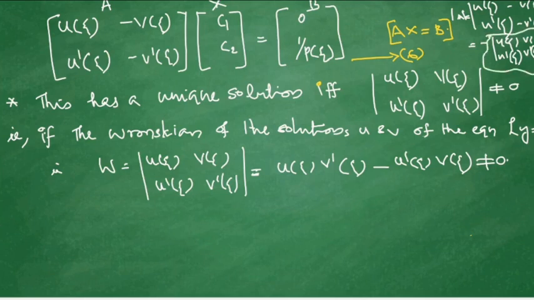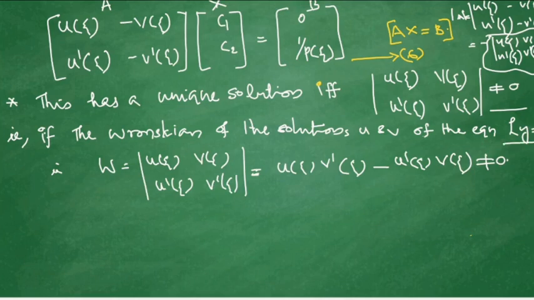So we can say that this system of equations has a unique solution if and only if the determinant of U of theta, V of theta, U dash theta, V dash theta is not equal to 0. This determinant is actually the Wronskian of the two non-trivial solutions U of x and V of x of the homogeneous second order differential equation Ly equal to 0.